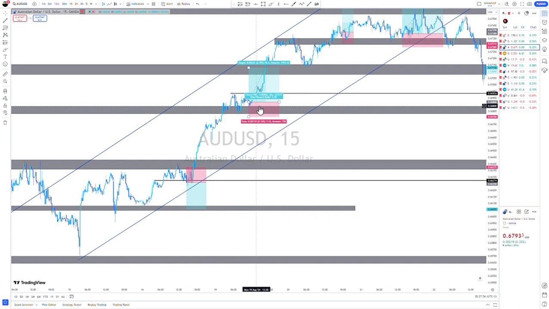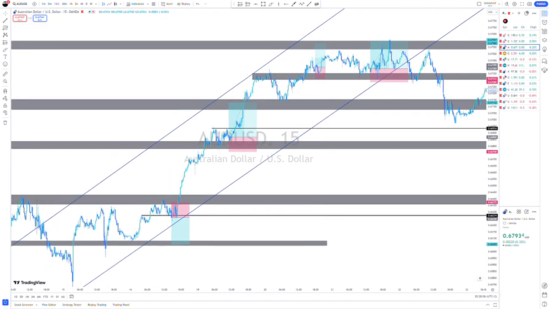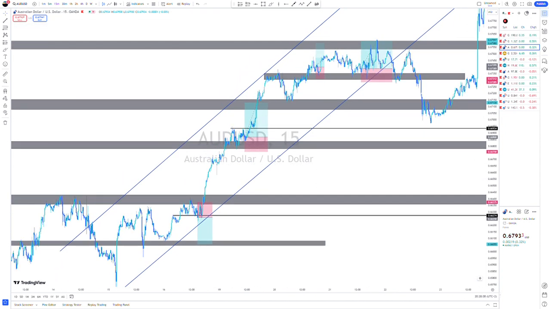So we were respecting structure, breaking above all these key levels and retesting them. So this was just a good buy, a good entry, a good trade, similar to the one for USDT. So it was a winning trade also.